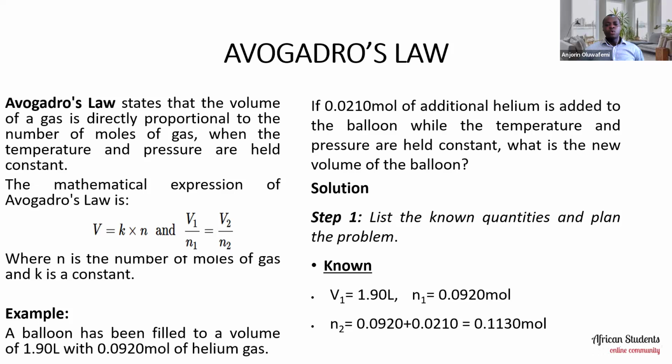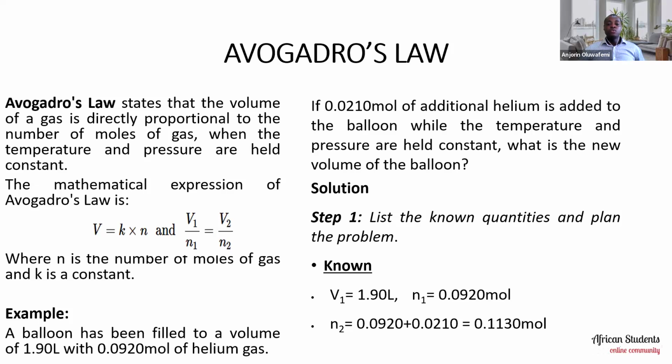So looking at that one, the first step is that we list the known quantities and plan the problem. What are the known quantities? We're given a first volume, or initial volume, to be 1.90 liter. Then we're given a number of moles. The first one that was given to us, N1, your initial, is 0.0920 mole.